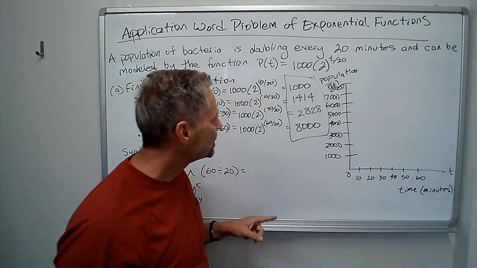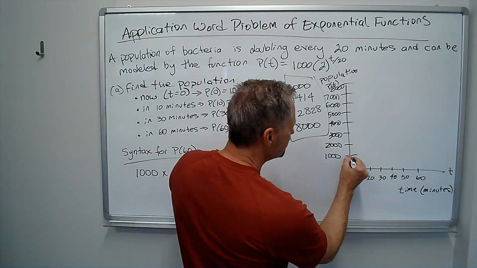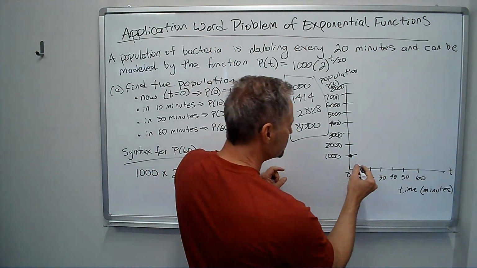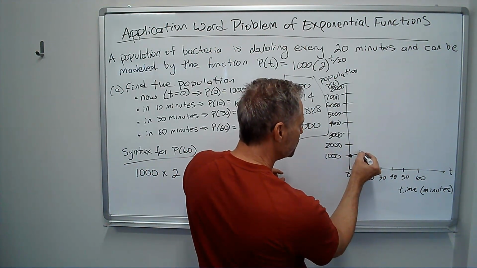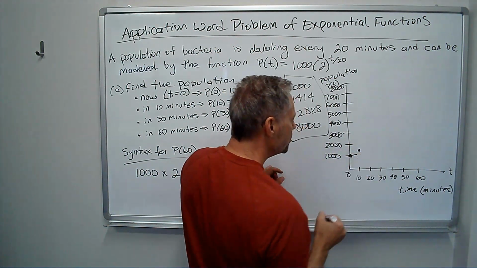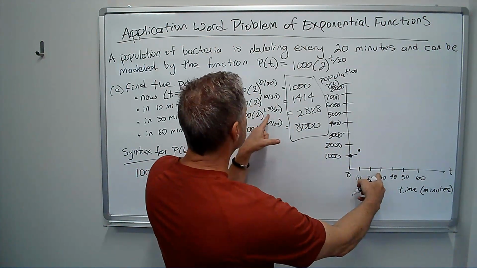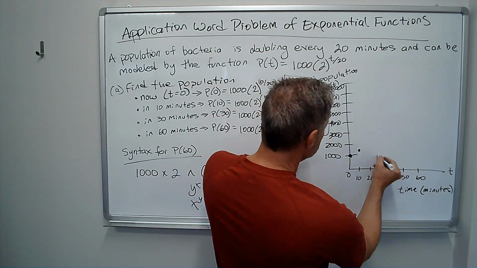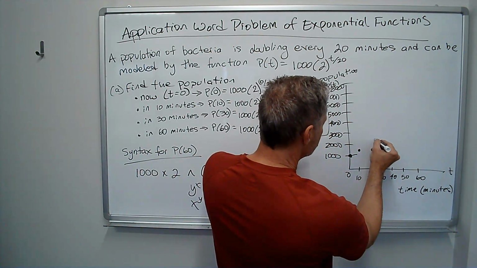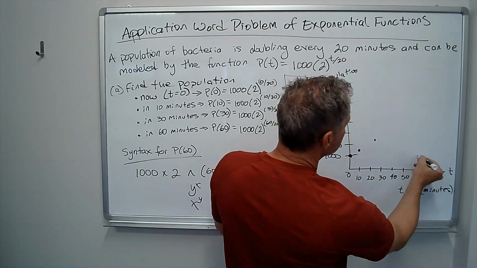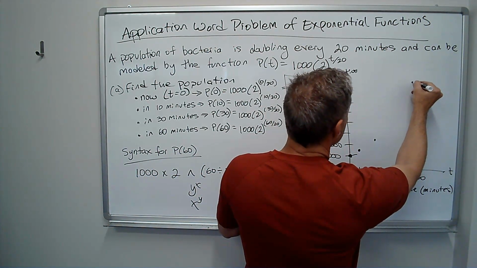At 10 minutes, I was at 1,414, so I'm almost halfway between the 1,000 and 2,000. After 30 minutes, I'm up at 2,828, so that's almost to the 3,000. And then at 60 minutes, I'm at 8,000, so I'm up here.